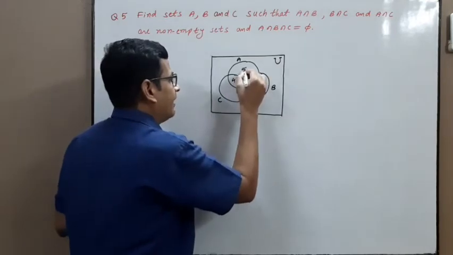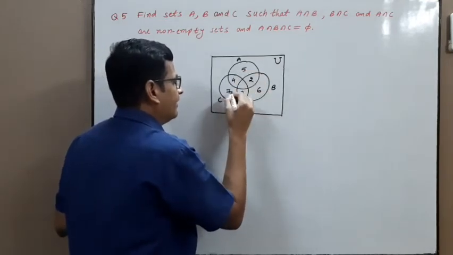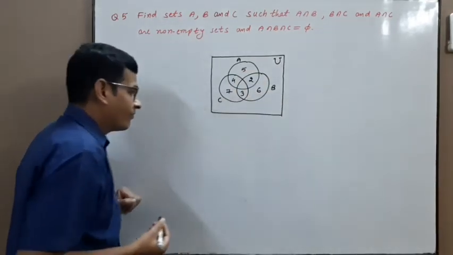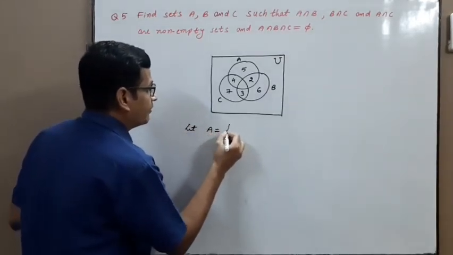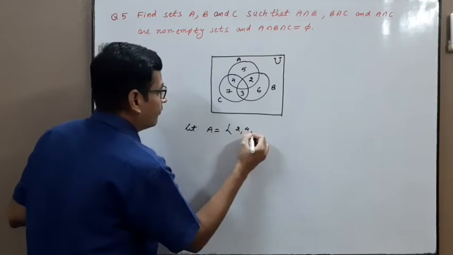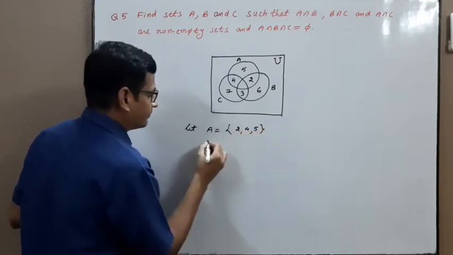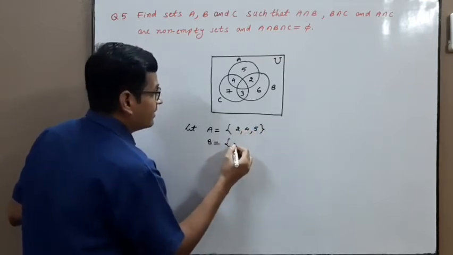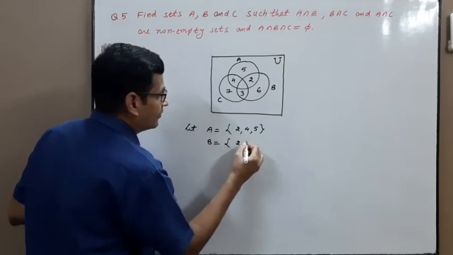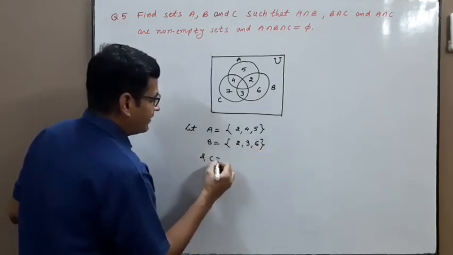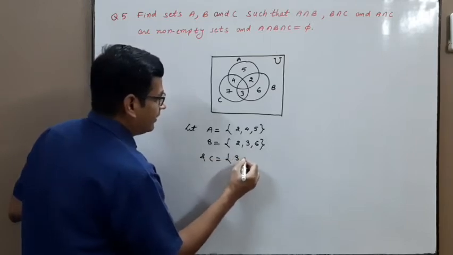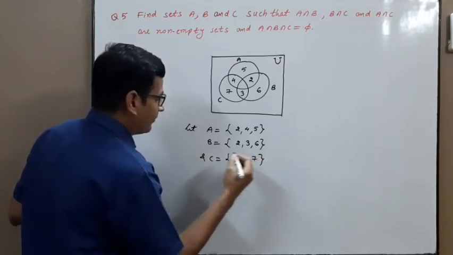You can take 5, 6, 7, or outside also. So let A is equal to 2, 4, 5. B is equal to 2, 3, 6 and C is equal to 3, 4, 7.